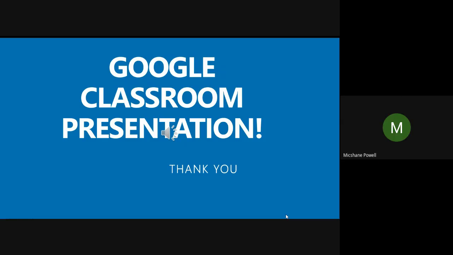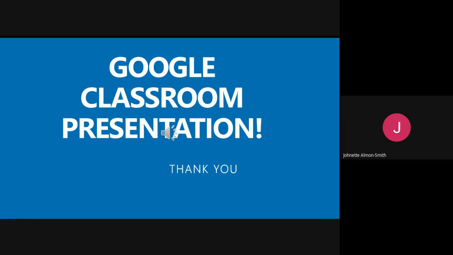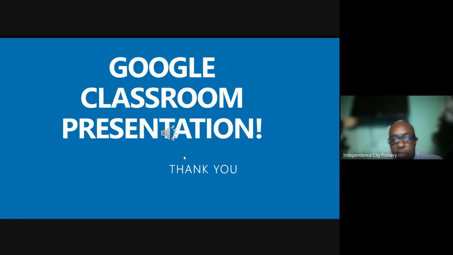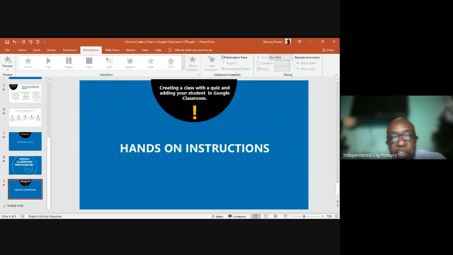No, we're not hearing it. Okay, so that is how you can do it. You just overlay your voice on top of it, then choose animation and select on click.